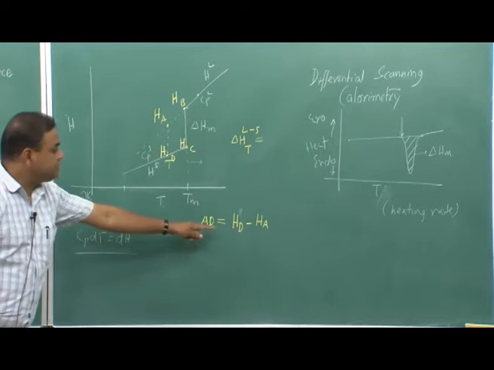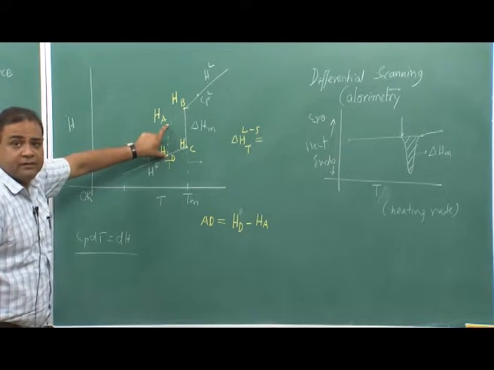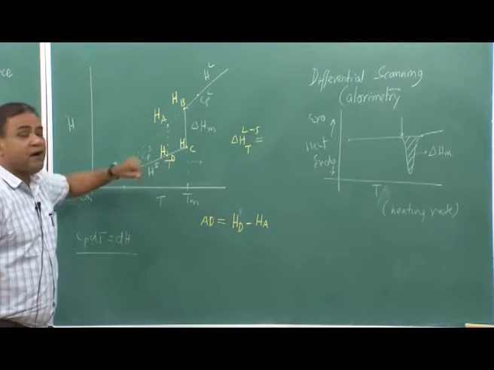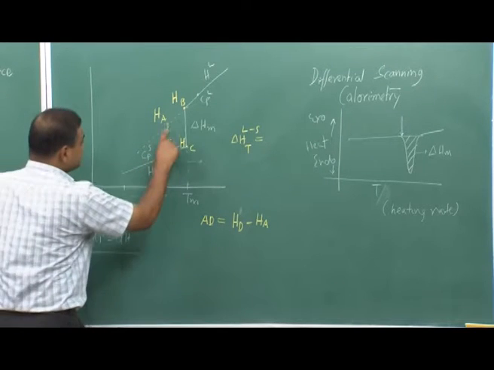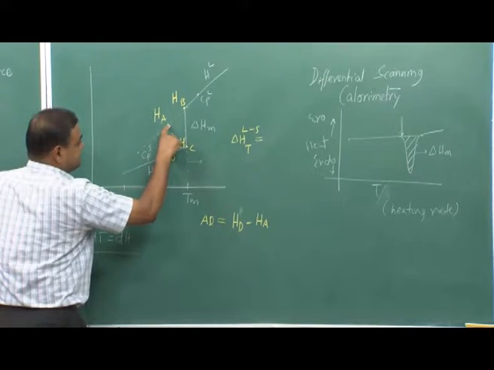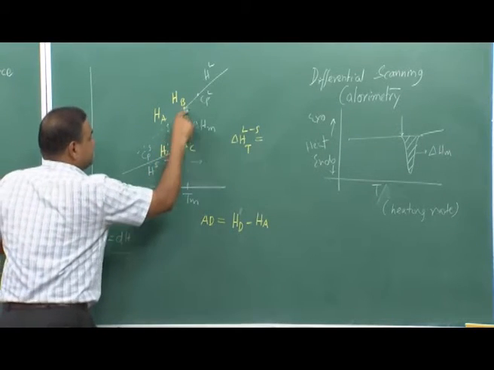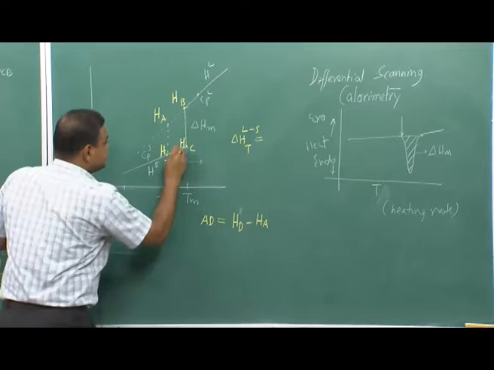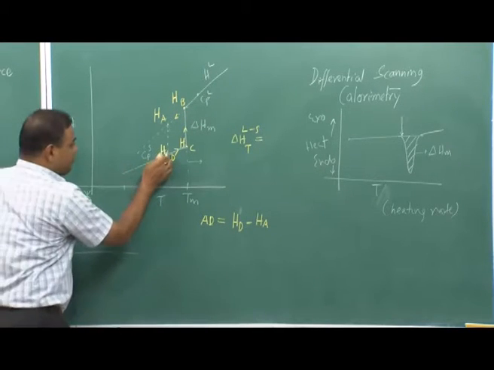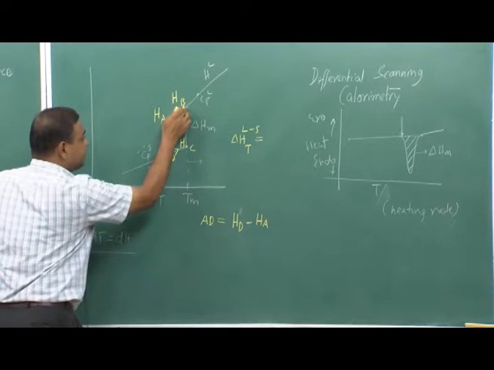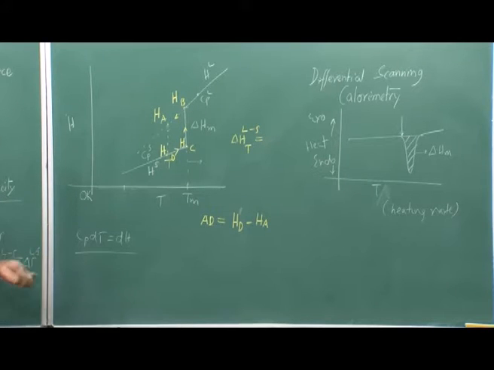So, when I try to find HD minus HA, I am taking this path. But since state functions are path independent, I can also get this difference if I start moving this way. So, if I go from here to there, from there to there, and then from B to A, and then I see the difference, it will give me the same difference.